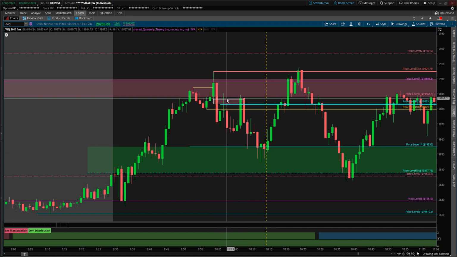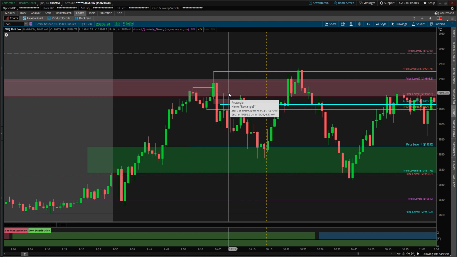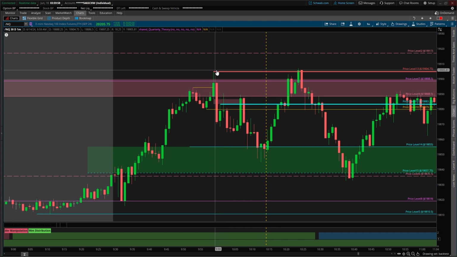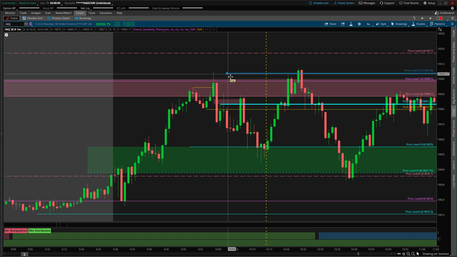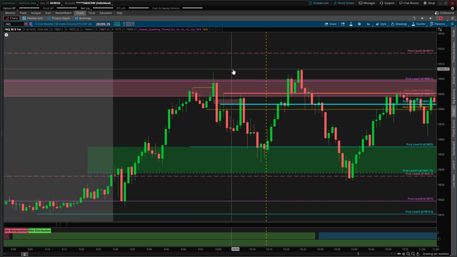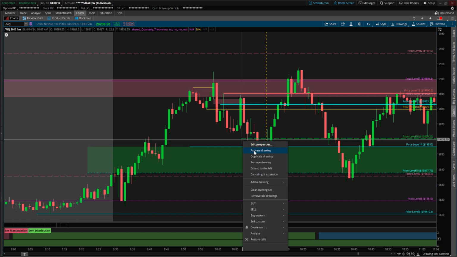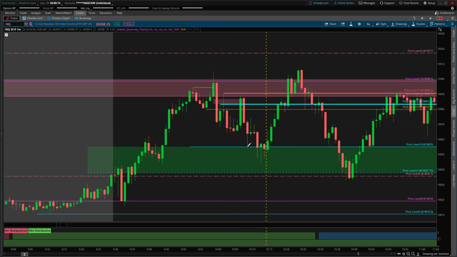So from there, I moved my stops to this high right here, the high of this candle. So we're gonna go ahead and move the stop here. So now we're only risking about 7 points after securing 50% here at a 24 point profit. So now it's a risk-free trade. We secured 50% here, and we just wait to see what happens.